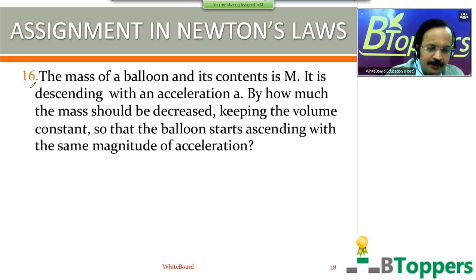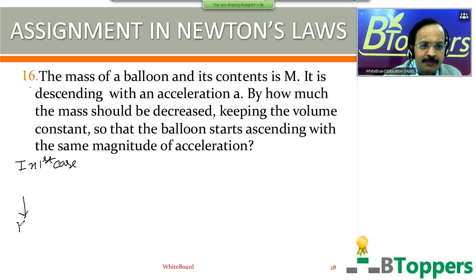Let us suppose R is the magnitude of the force of buoyancy or upthrust on the balloon, which is the same in both the cases. So two forces act on the balloon.